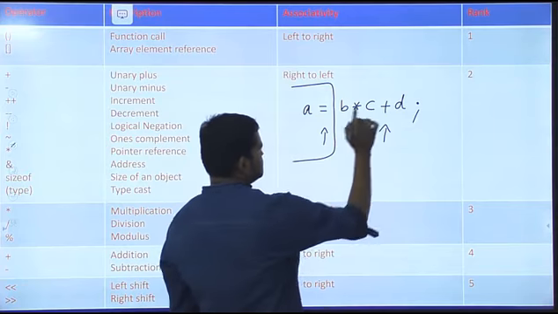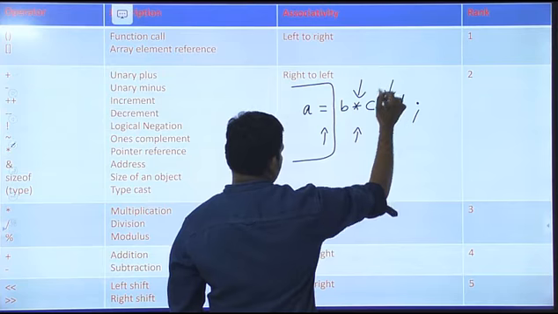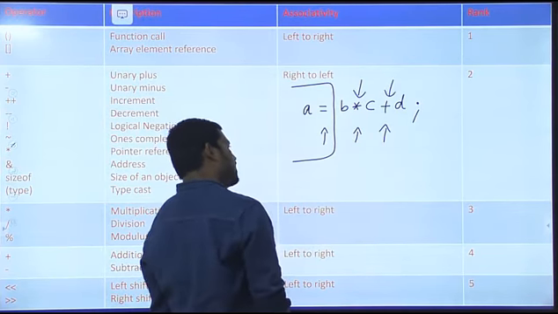Now this expression contains plus and into, both operators.